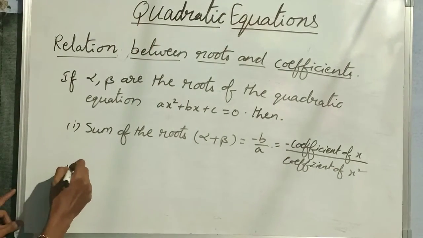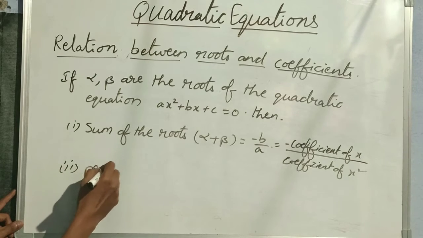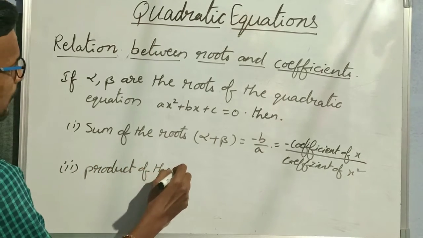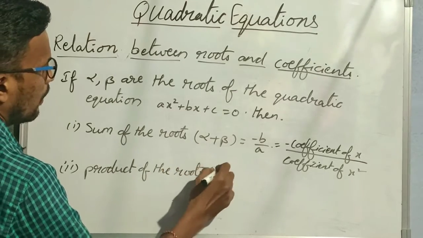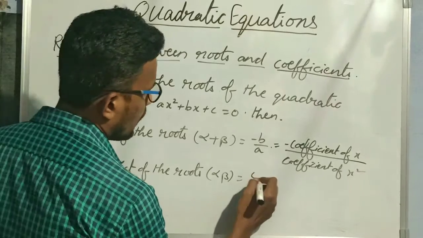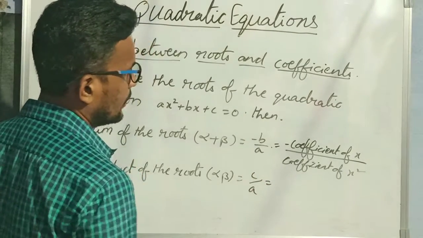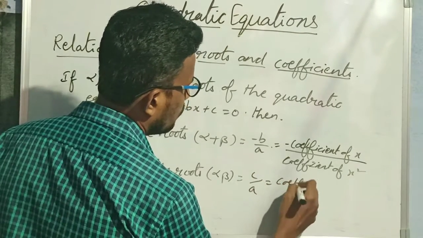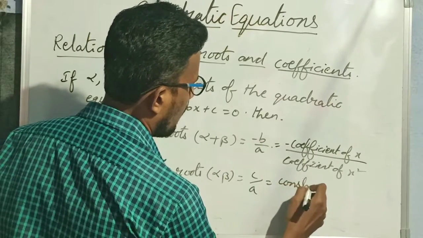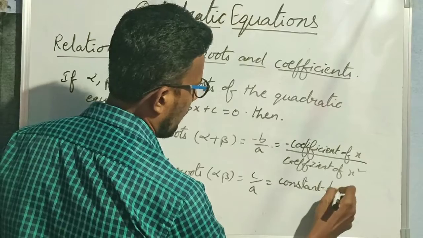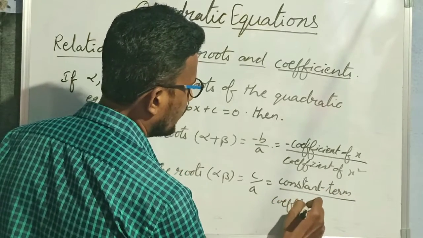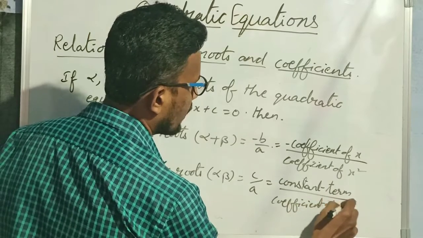Next, second point, product of the roots. Alpha beta is equal to c by a. So that is equal to constant term by coefficient of x square.